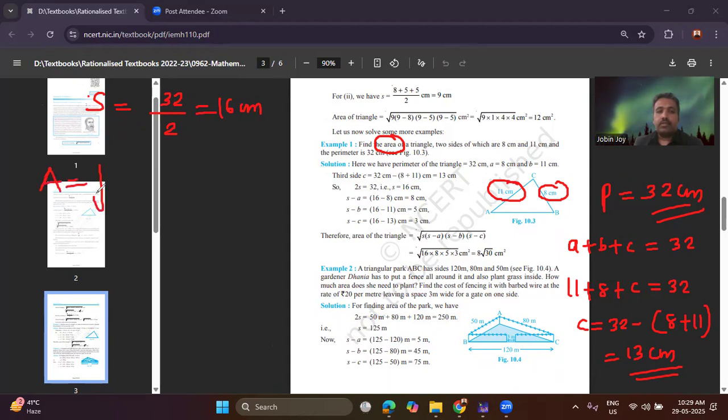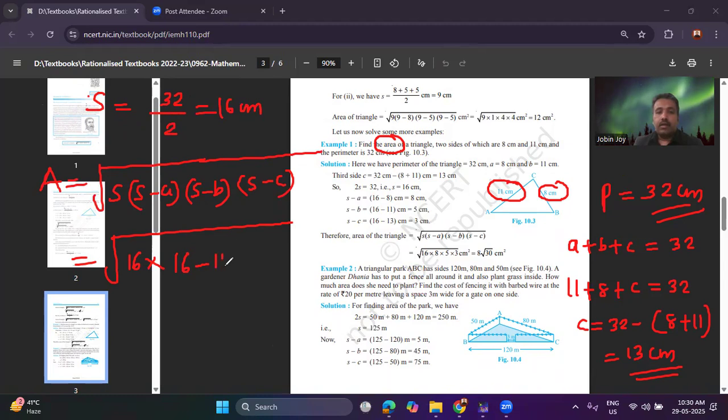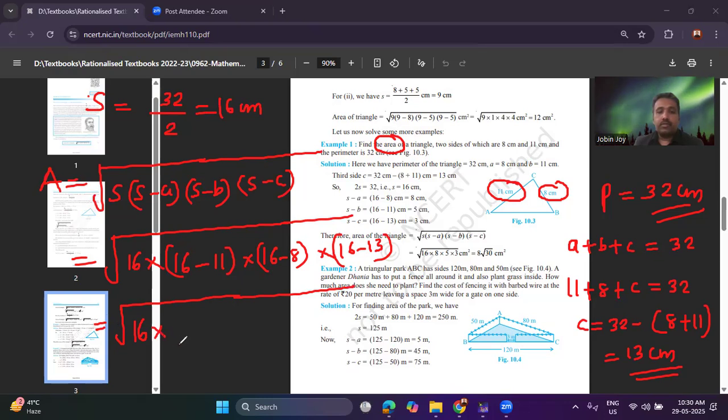Then we can directly write the equation: area is equal to square root of S into S minus A into S minus B into S minus C. So that is equal to square root of S, which is 16, into 16 minus 11, 5, into 16 minus 8, 8, into 16 minus 13, 3. So 16 into 5 into 8 into 3.